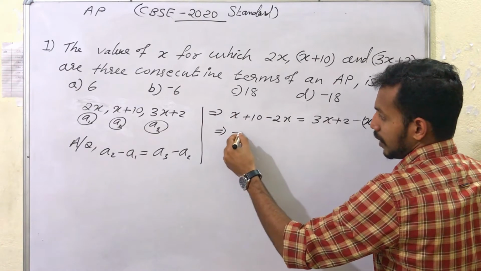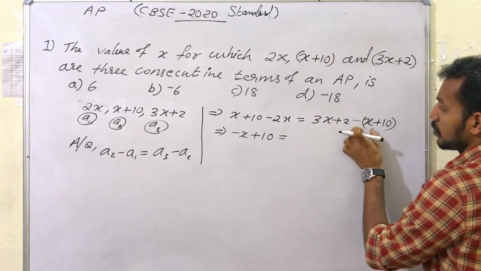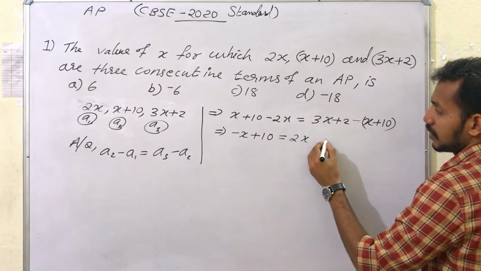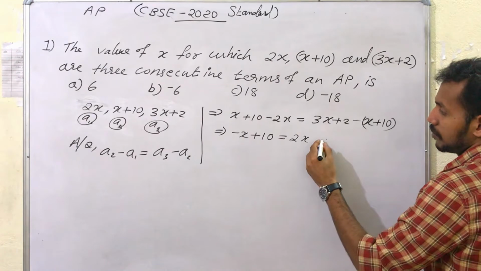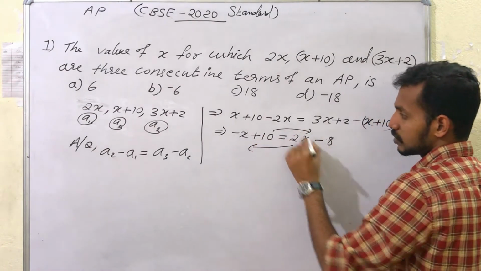That implies x minus 2x will be minus x plus 10 is equal to, simplifying this, 3x minus x equal to 2x, and plus 2 and minus 10 will be minus 8. Now take this x to this side and 10 to the other side.